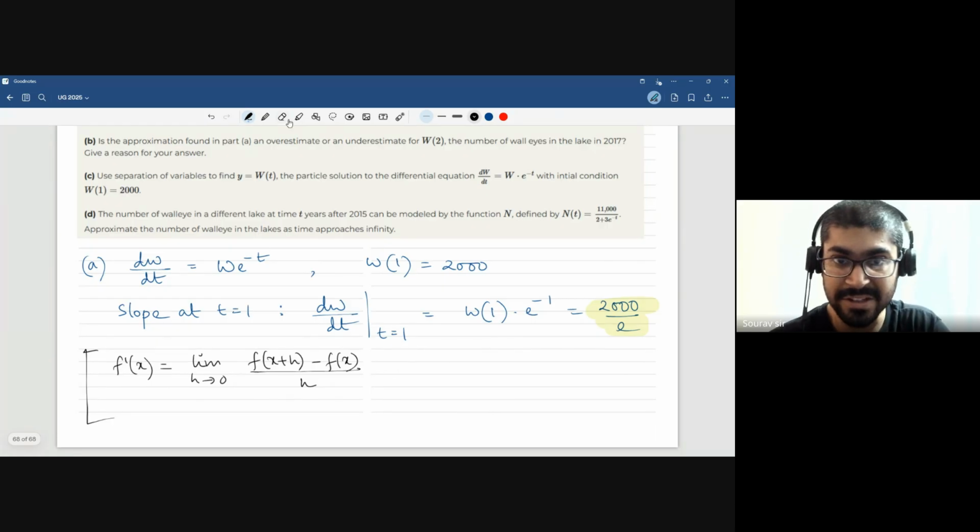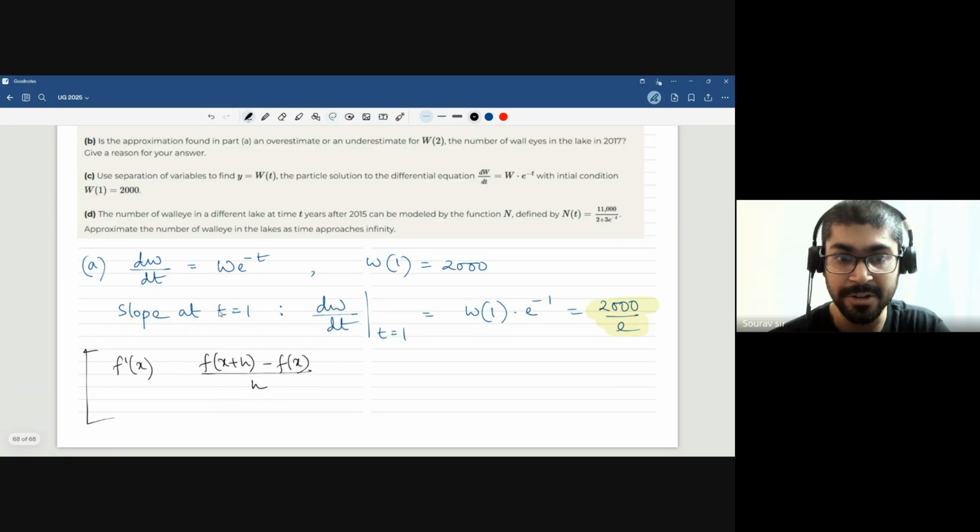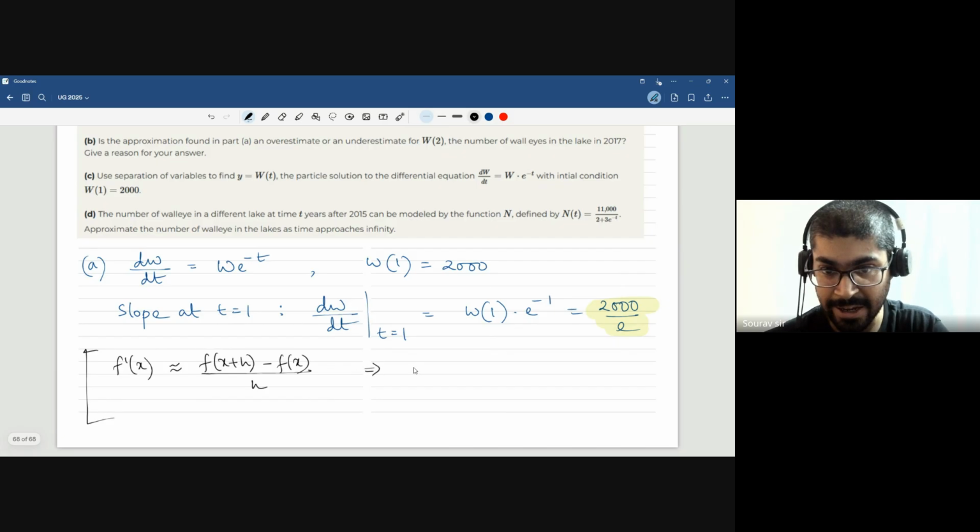So if I remove this limit, what happens then? Is it still equal? Uncertainty will be there. So we'll put approximation. Okay. So what is this now? So this means h of f dash x is approximately equal to f of x plus h minus f of x.